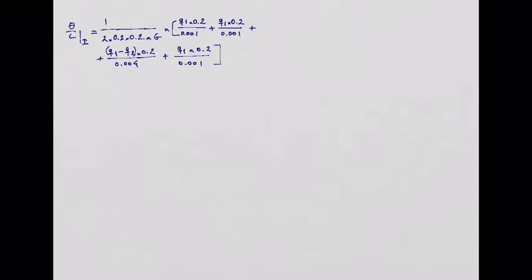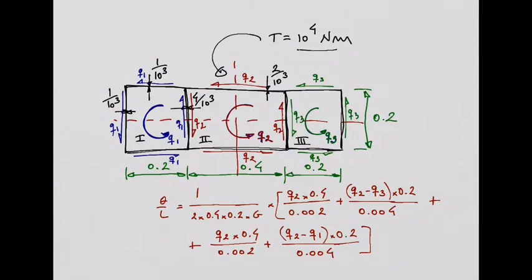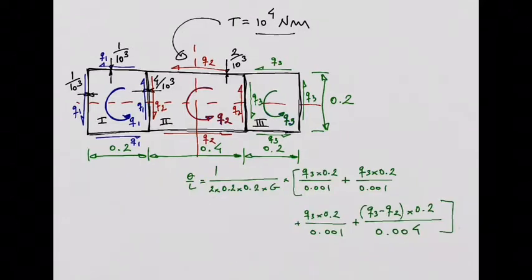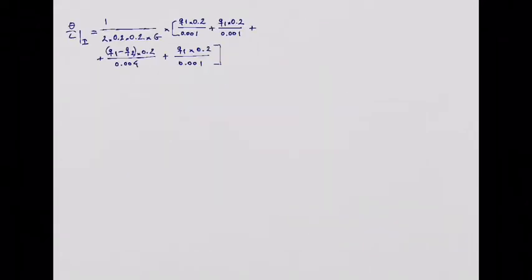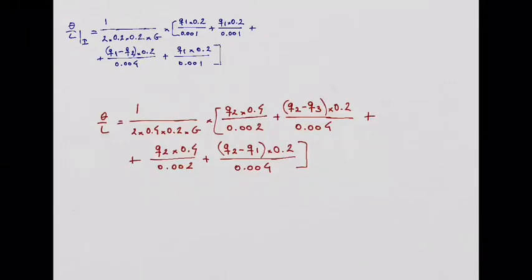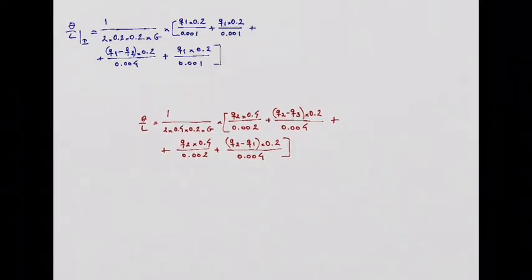So this is the gradient of twist for cell number 1. And I need to get the gradient of twist for cell number 2, this one here. Right? And then what I need to say is that these two gradients of twist need to be equal.